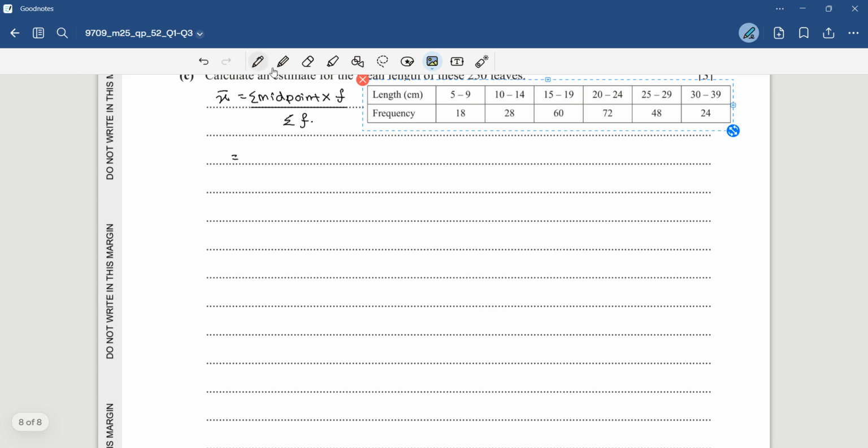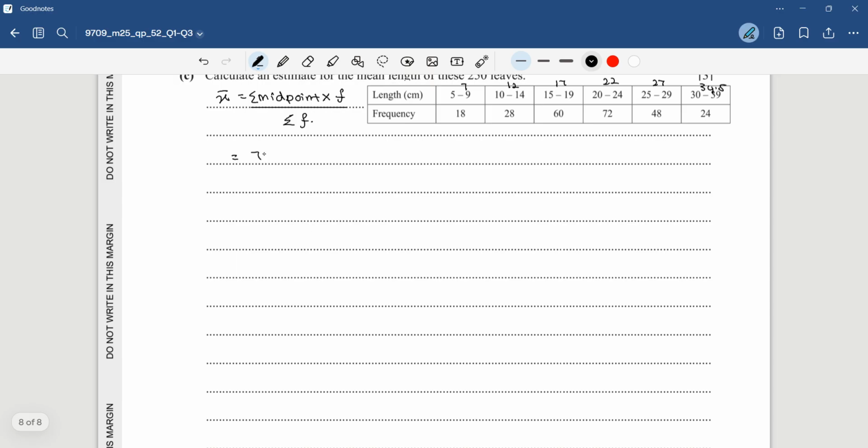So for the first, the midpoint is 7, 12, 17, 22, 27, and the midpoint for this is 34.5. You just find the midpoint.